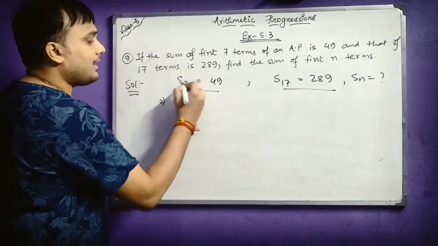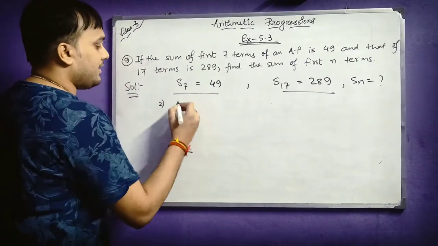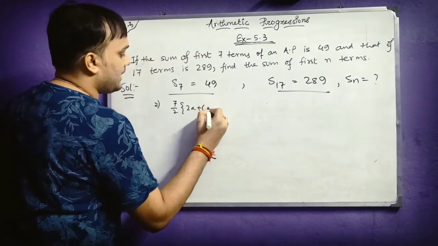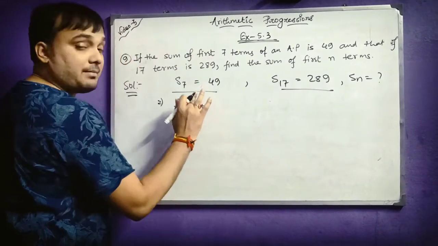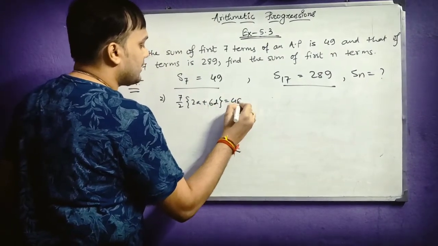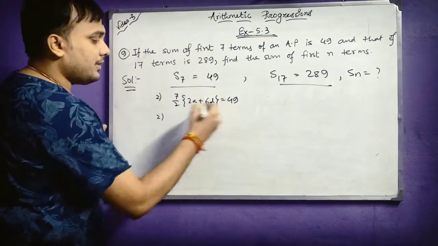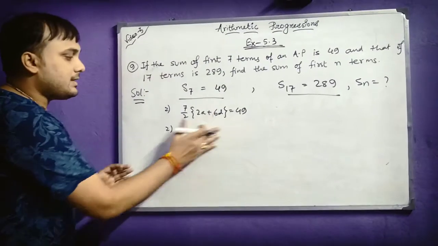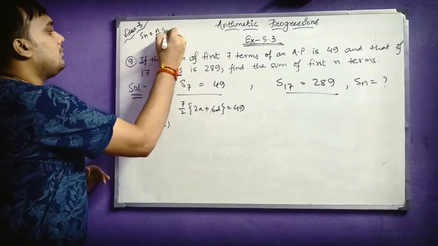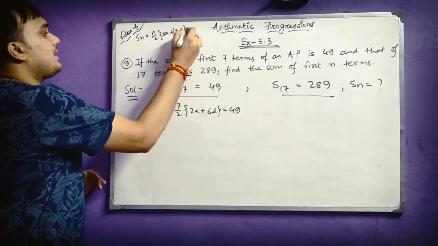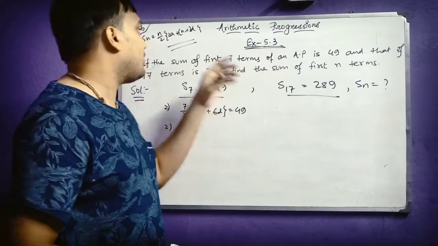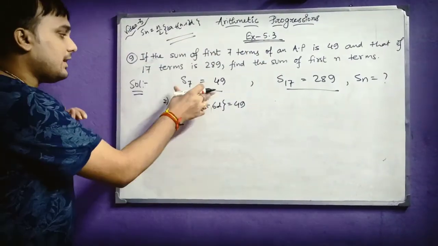So by the formula, we will get here 7 by 2 into 2a plus 7 minus 1 into d, that is 6d, is equal to how much? 49. So we will get an equation from here. Here I have utilized the formula Sn equals n by 2 into 2a plus n minus 1 into d. As I just said a few minutes before about this formula, we will be utilizing it here.